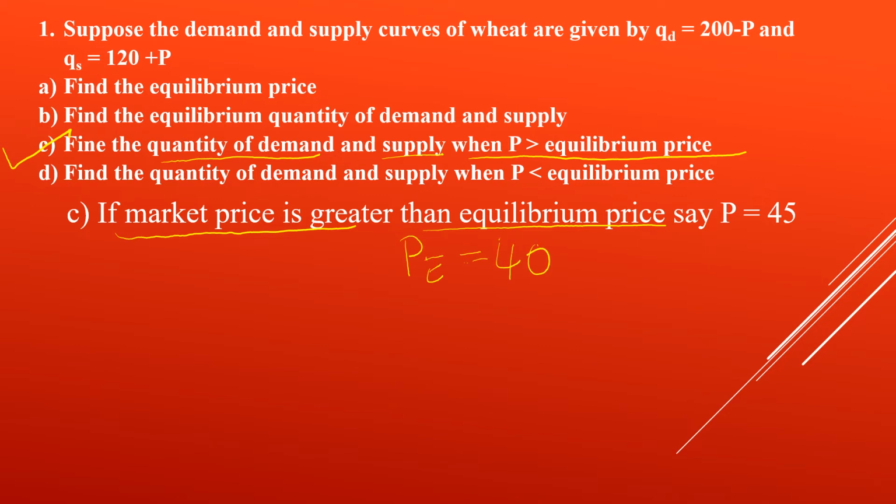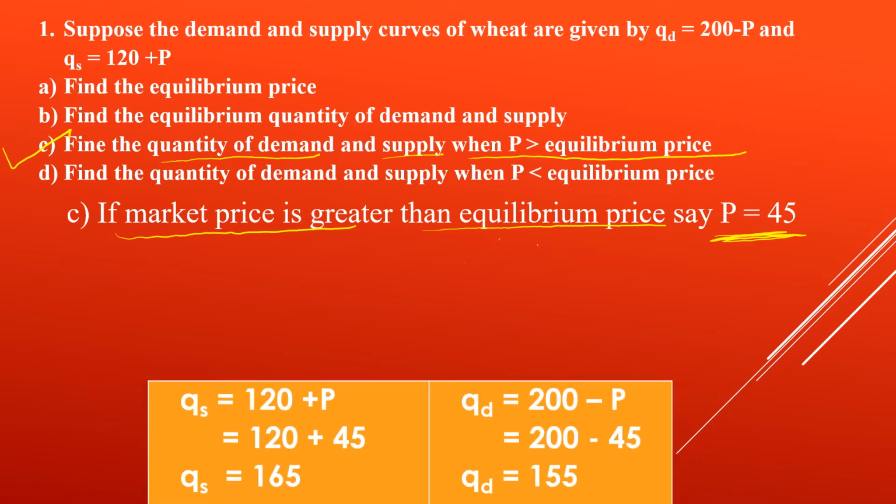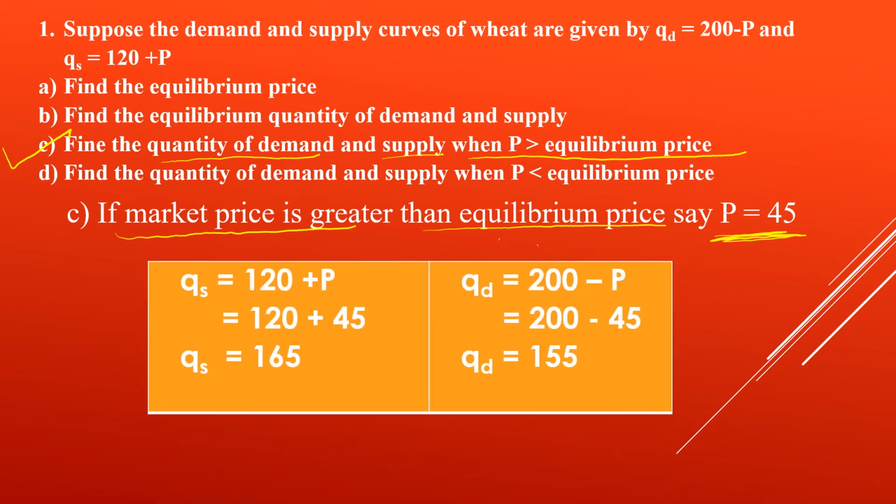Now for any price greater than 40, let us assume the price is 45, which is greater than equilibrium price. You know the quantity supplied is 120 plus P, and quantity demanded is 200 minus P.